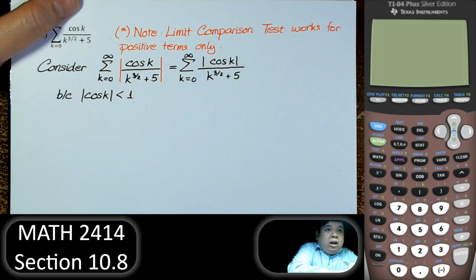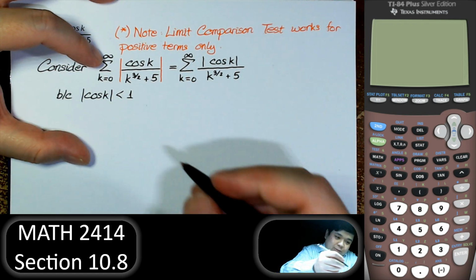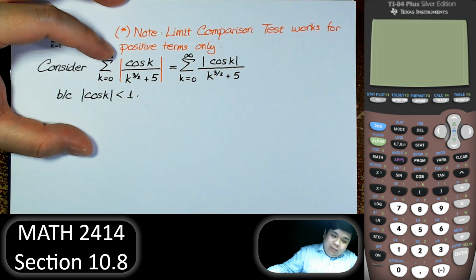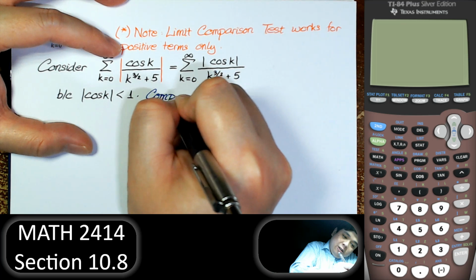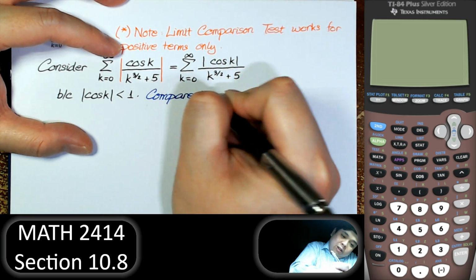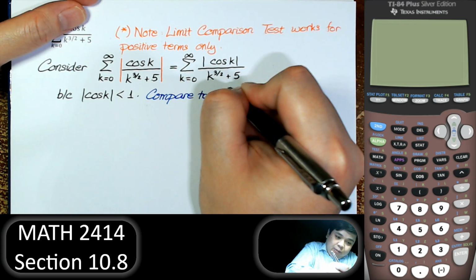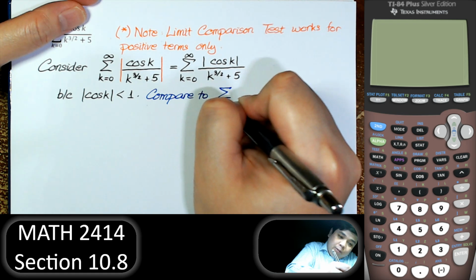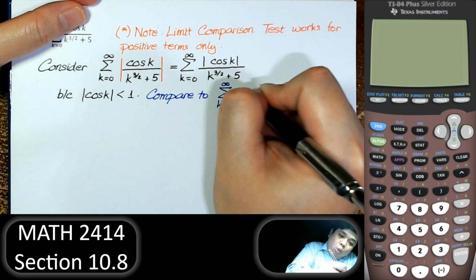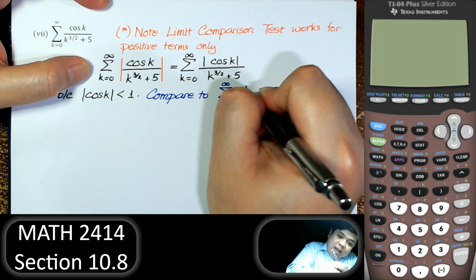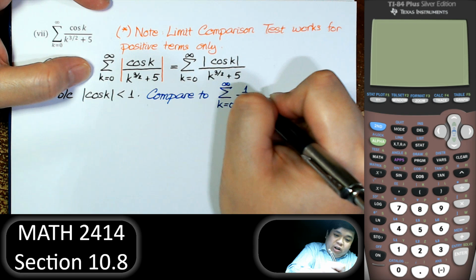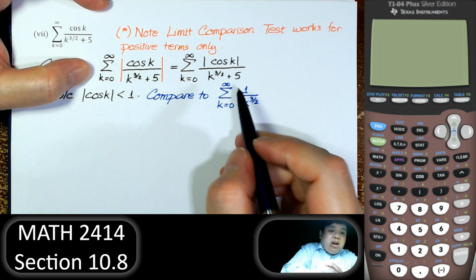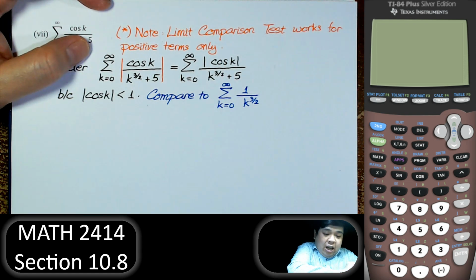In this case, we can just consider 1 on the top instead of that. And for the highest power at the bottom, we use k to the 3 half. We don't need the 5 because the 5 is significantly less than k to the 3 half.